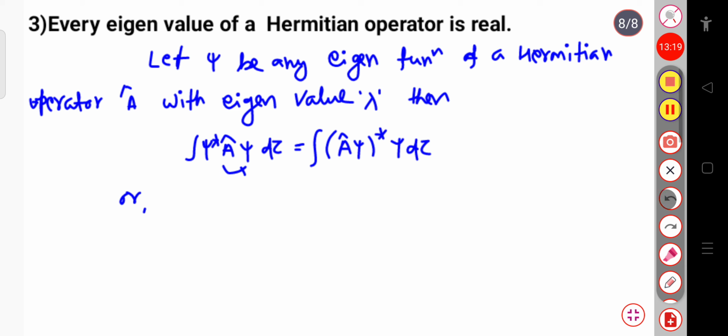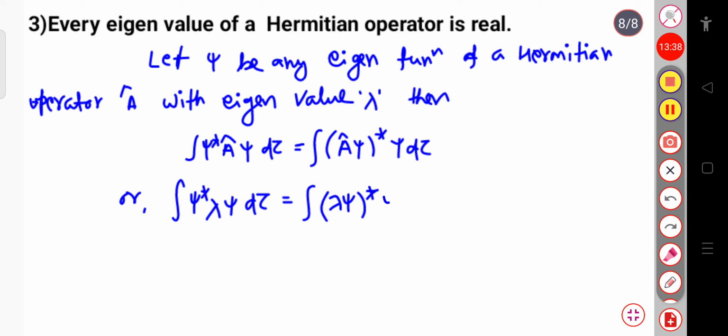So here we can write this is equal to integration psi star A cap psi, which is lambda psi, d tau, that is equal to integration A cap psi, which again gives lambda psi whole star into psi d tau.